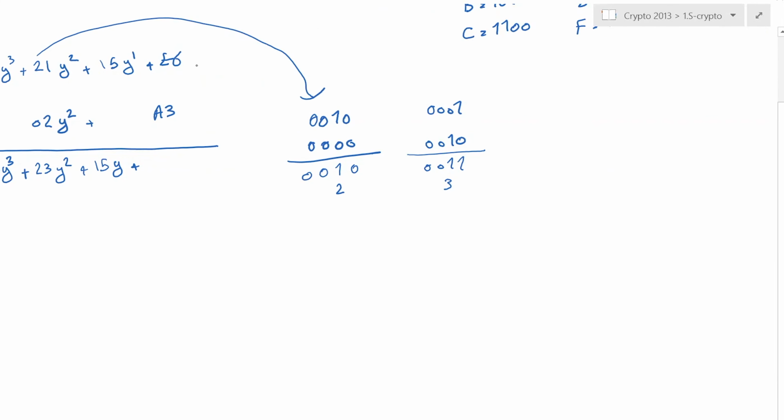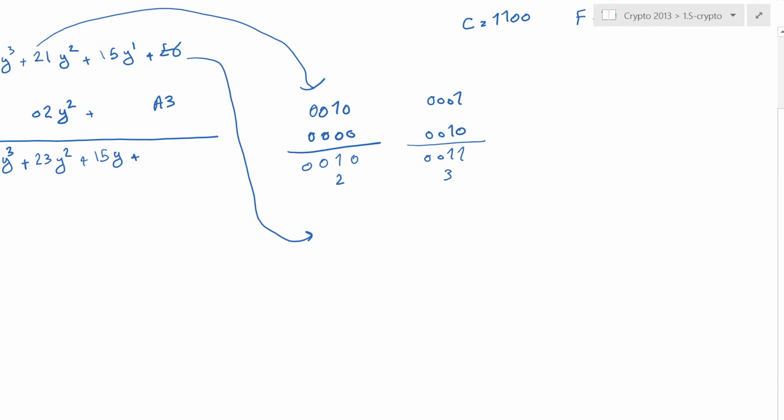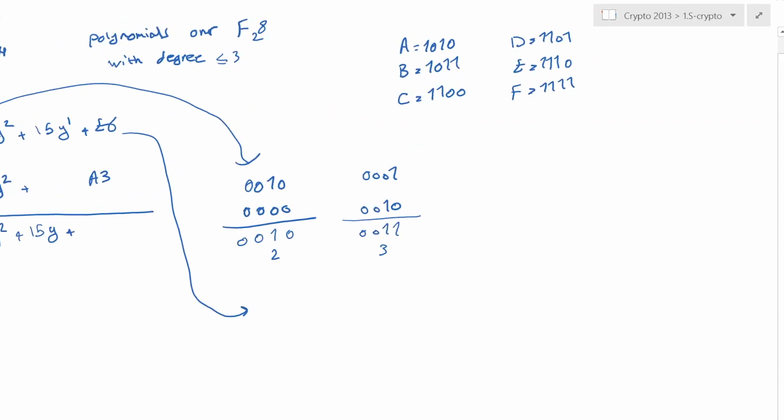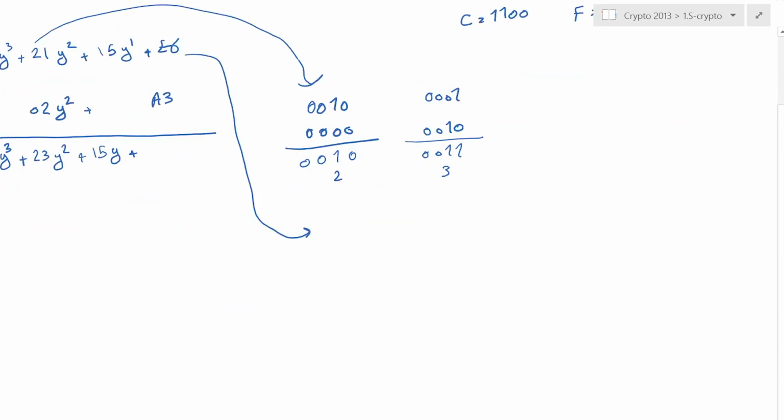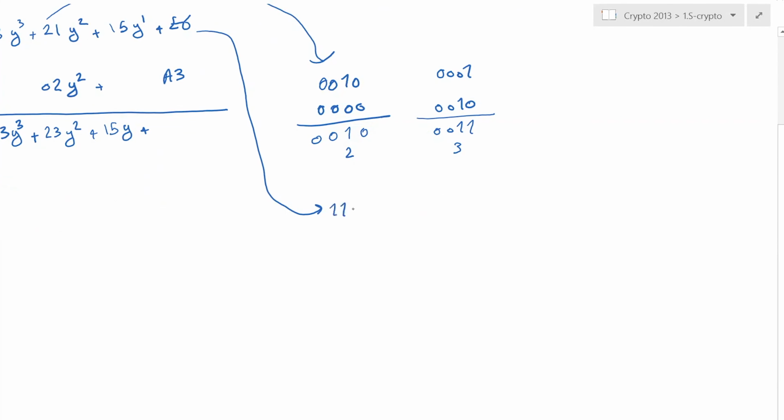Now we want to do the next computation, so I write it down here. We have E, which we showed is 1110, plus A, which is 1010. And then we have 6, which is 0110, and then 3, which is 0011.